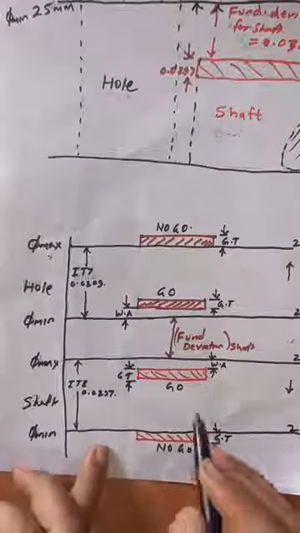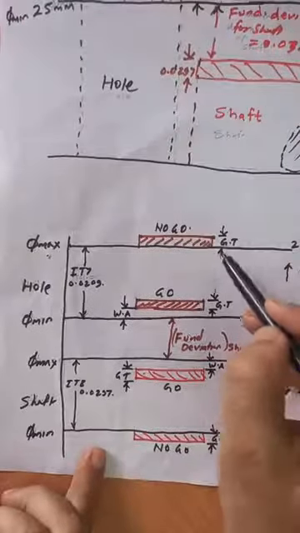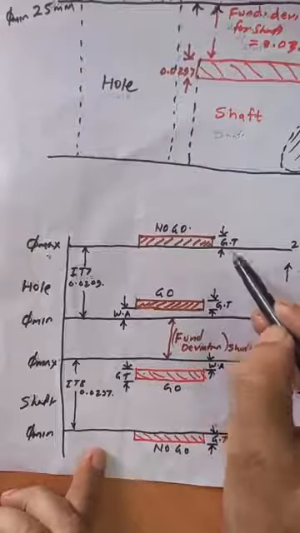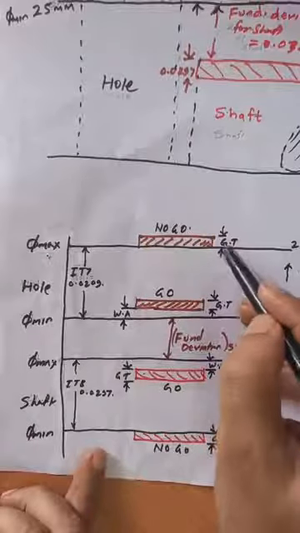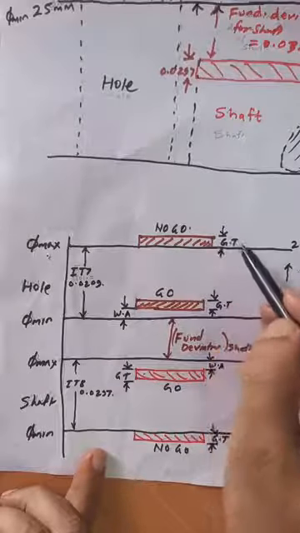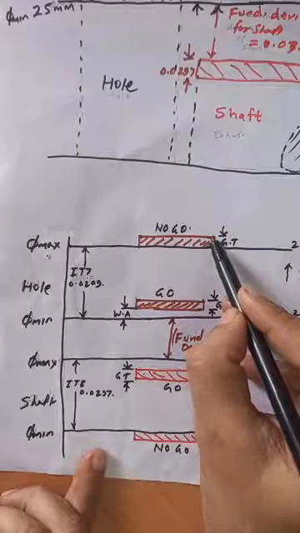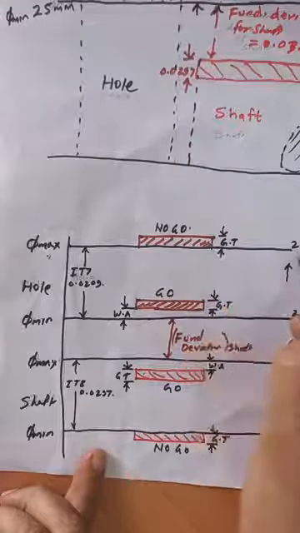So from here you can identify the dimensions for go and no go gauge. For example, if you want to find out the dimension for the no go gauge of shaft, this is the maximum size and the minimum size is equal to this.